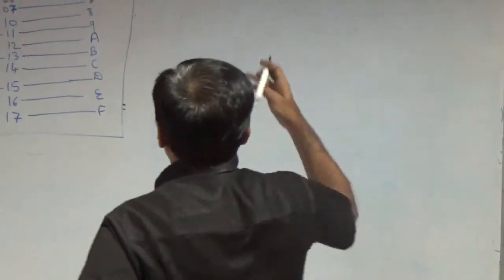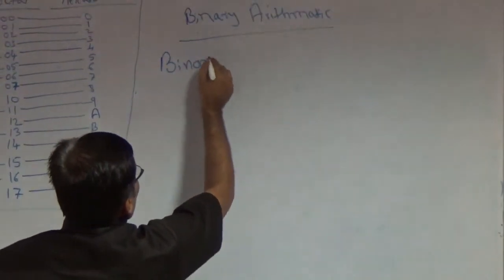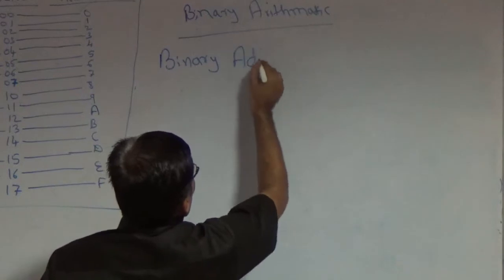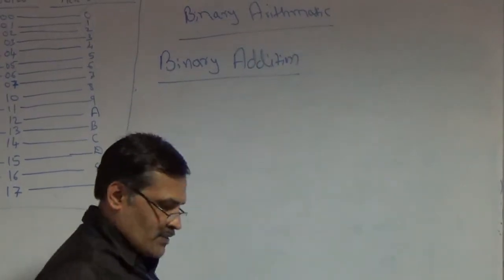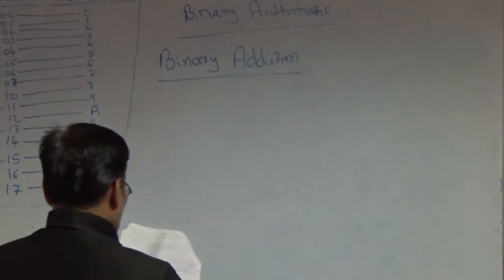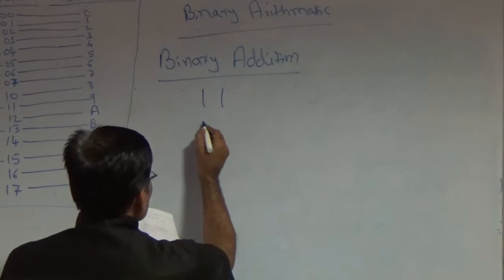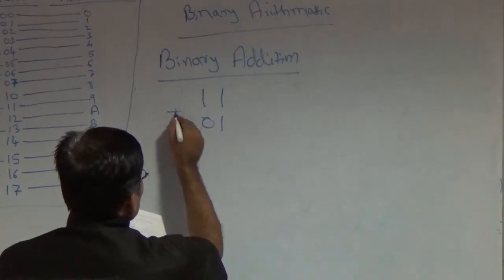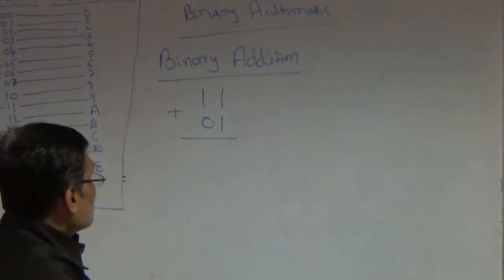So how do we perform a binary addition operation? Let us consider the two numbers 1101.